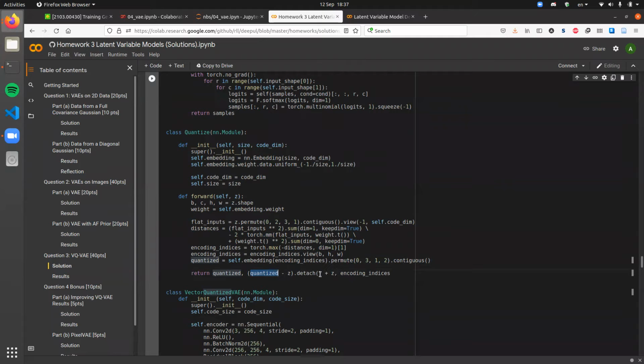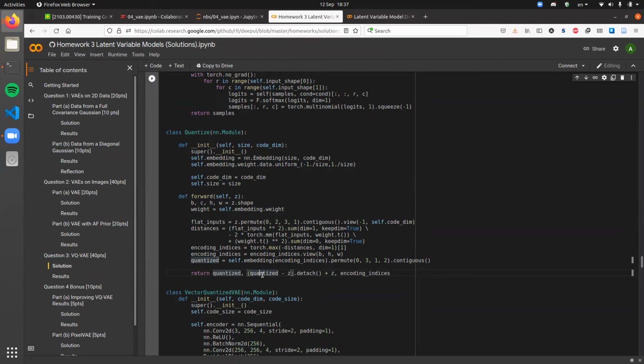We detach the part of this sum that contains the quantized bit, and the gradient from this operation will only be backpropagated to z, but because we add and subtract z, the actual gradients here are just gradients of quantized, right?